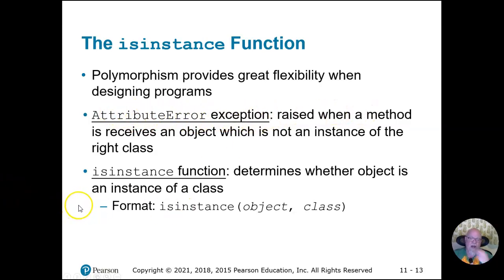To get over that, to make sure we never have that issue, we can use the isinstance function, which is built in, and determine what the object is an instance of. For example, isinstance, and we're going to take the object that we are trying to compare and see if this object is an instance of this class.